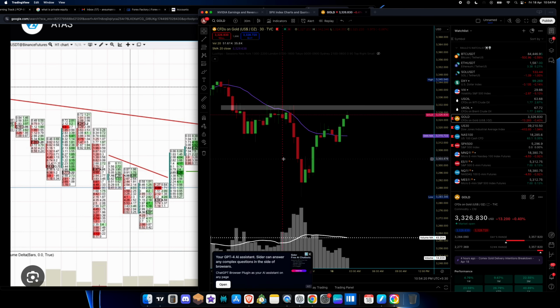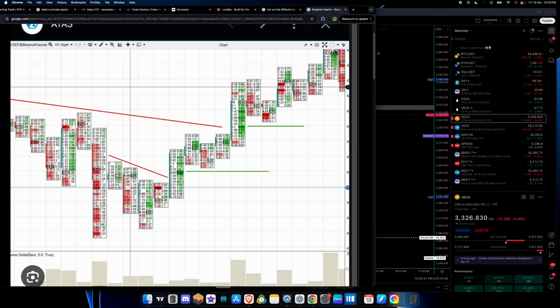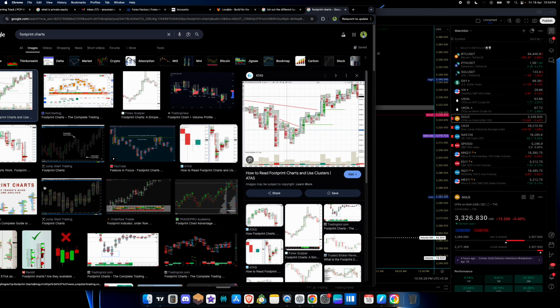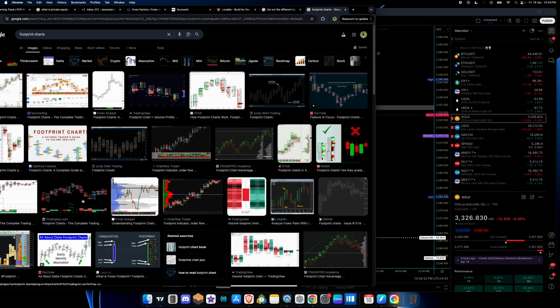You can consider it as the skeletal view of a candlestick.